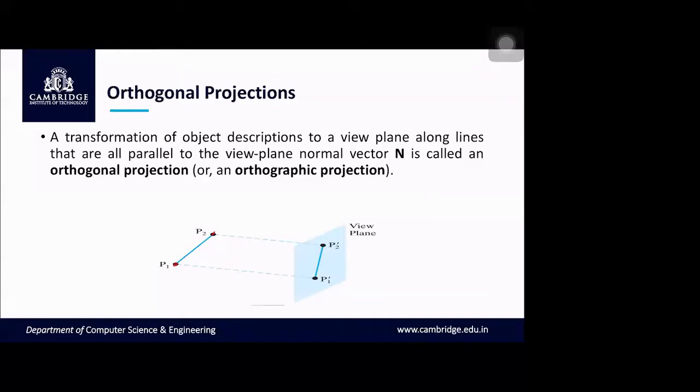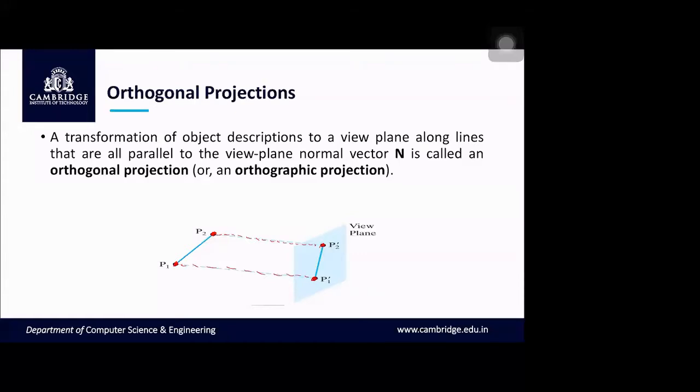First, orthogonal projection: a transformation of object description to a view plane along parallel lines. For me, the object is a line, P1 and P2. Transforming this object description to the view plane, I get P1 dash and P2 dash on the view plane, with the help of these parallel lines.